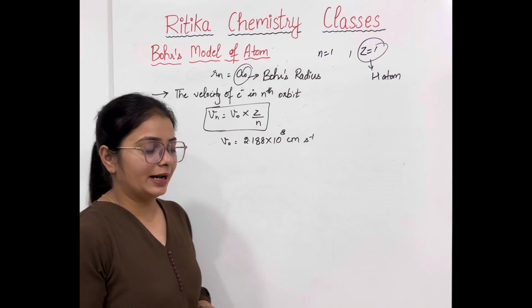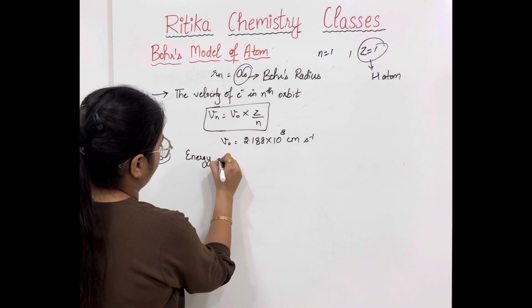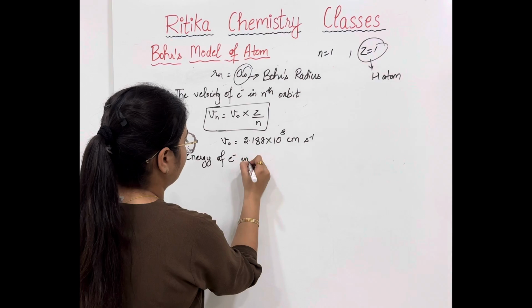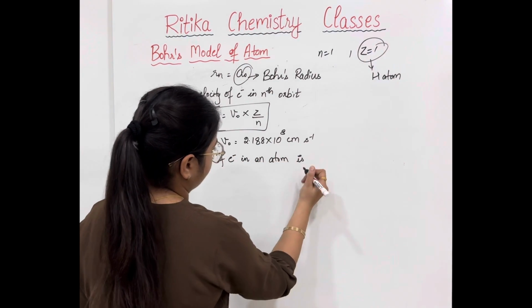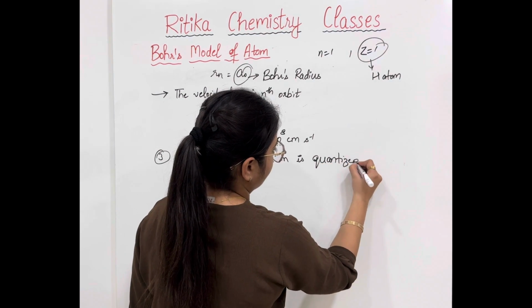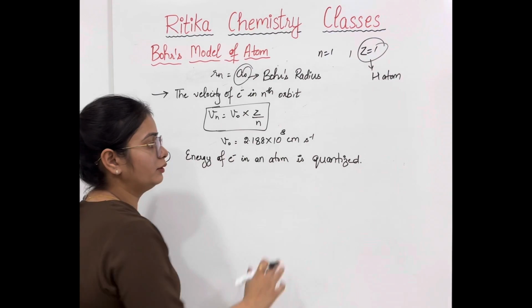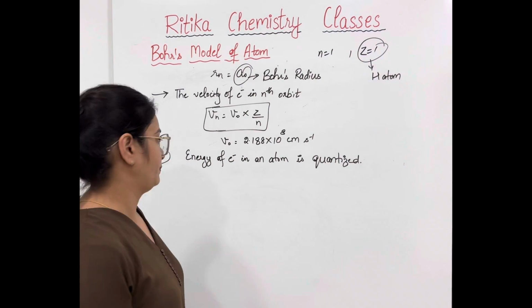So it is said that energy of electron in an atom is quantized. As you already know, quantized means having certain definite value.